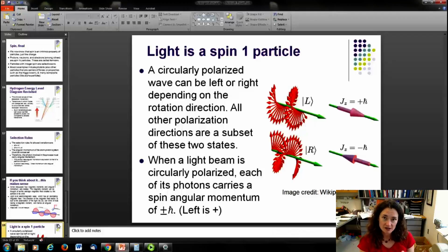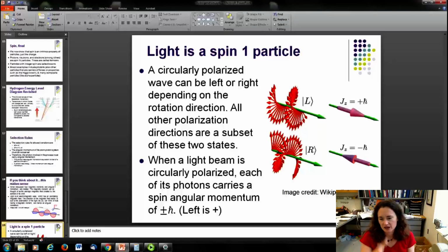If you go on and study this more in upper levels, you'll learn that the spin 1 comes from circularly polarized light, okay? So if you have circularly polarized light waves, that means that the magnetic field does this. It's kind of rotating around the axis. Now, you can either be rotating clockwise or counterclockwise, and those are the two states that dictate the spin of the photon.